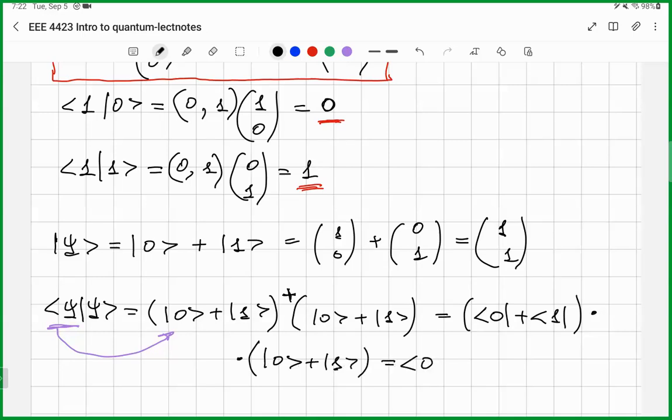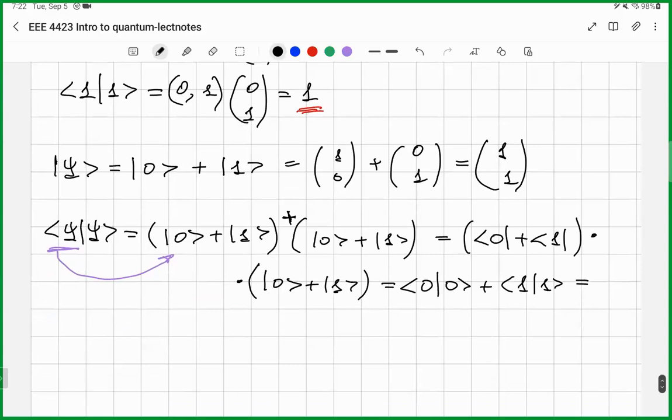And it gives us 0, 0 plus 1, 1, because 0, 1 and 1, 0 give us 0. They are orthogonal. And as a result, we get 2, right? 1 plus 1 is 2. So in order to normalize this vector psi, we need to divide by the square root of this length, which is 1 over square root of 2, 1, 1.